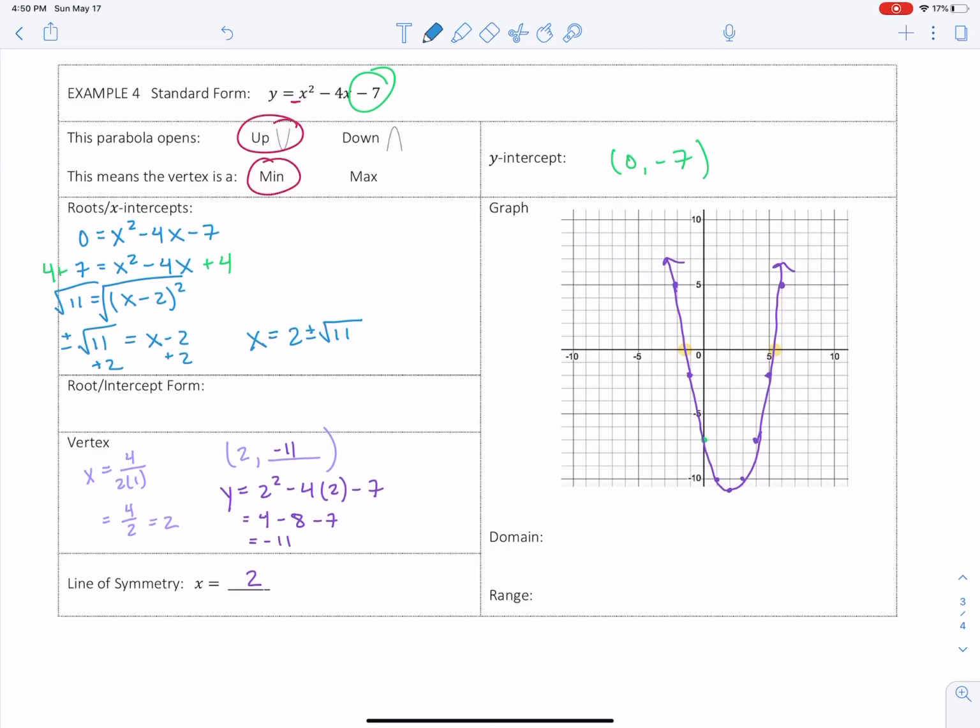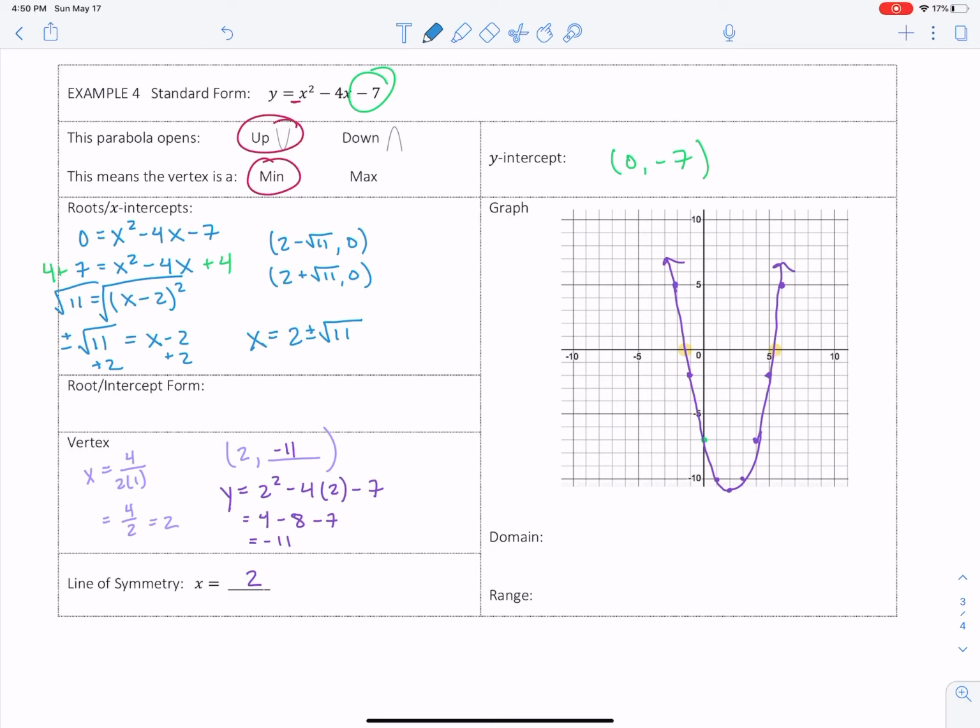Now, your roots here are kind of interesting. It's 2 minus the square root of 11, comma 0, and 2 plus the square root of 11, comma 0.